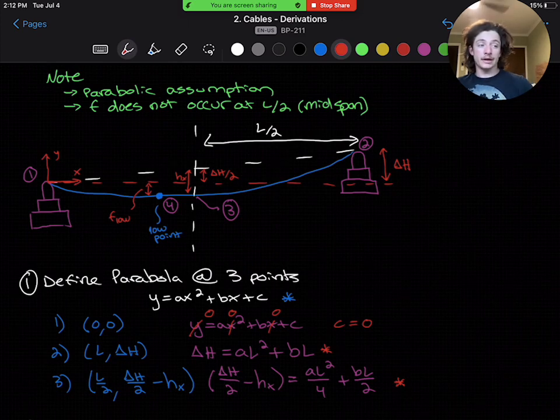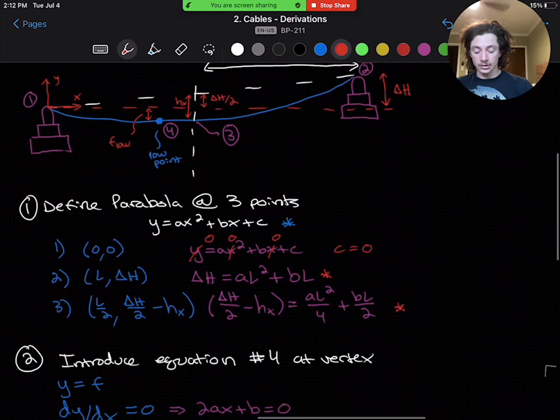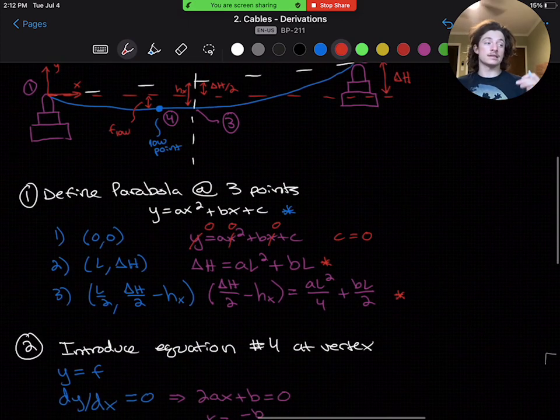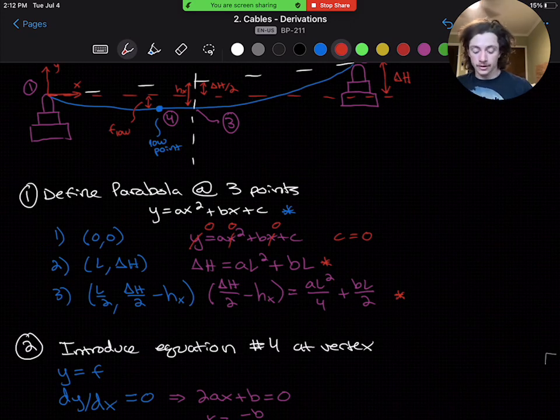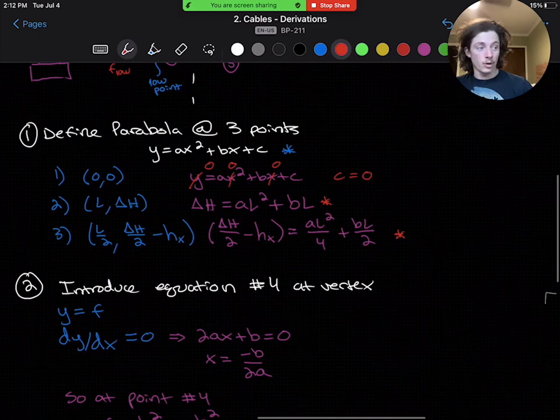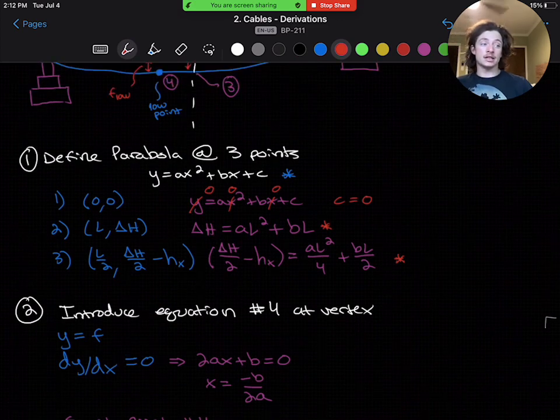Now, in order to better simplify our equations and introduce f, we will introduce a fourth equation and define the vertex, or the low point, where y equals f and dy/dx, the slope of the parabola, is equal to 0. So now we can solve for a and b in terms of f at the low point.